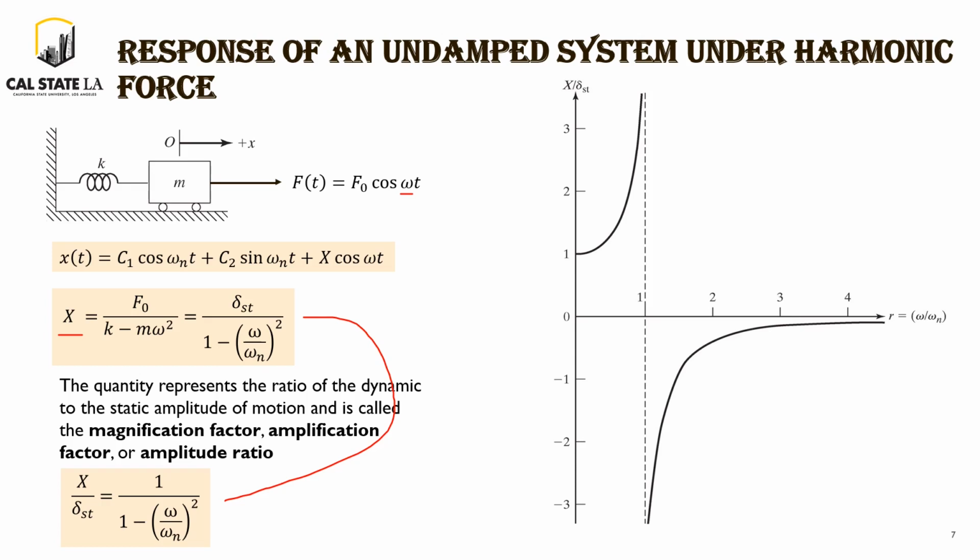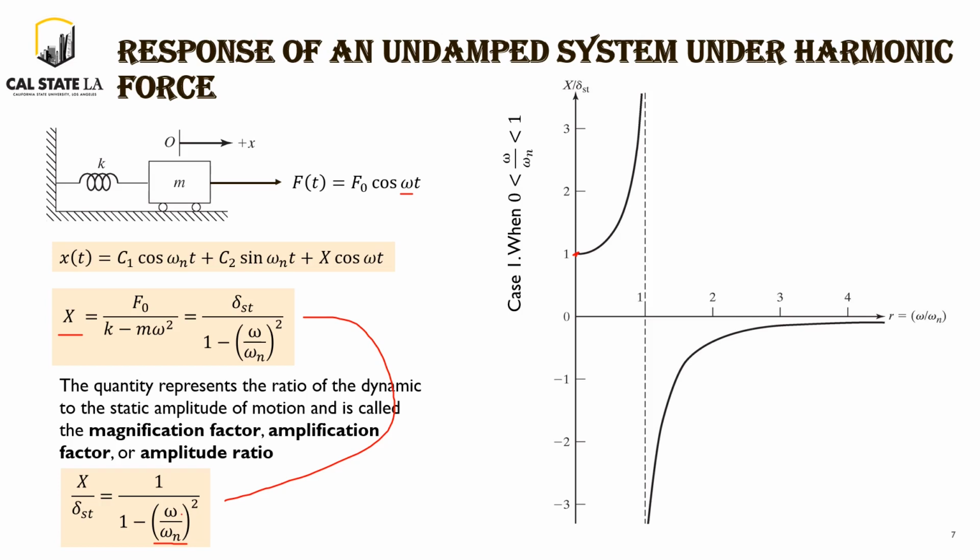The first case is when omega over omega n is less than 1. When omega is equal to 0, we can find from this formula that x over delta st becomes 1, which represents this point over here. As omega increases from 0 but stays below 1, we can see that this term will increase.